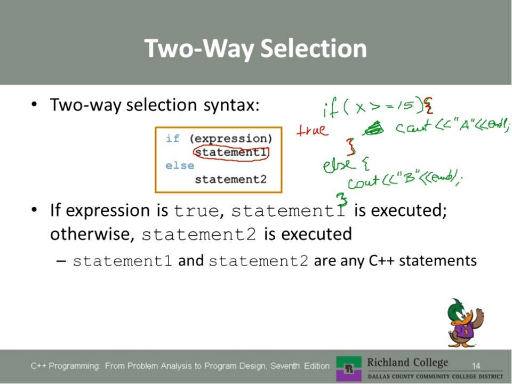So that is what happens if the result of the expression is true. And when we have else, that's going to be the false block. So anything after the else keyword and between the two brackets is going to be executed. That is statement 2.